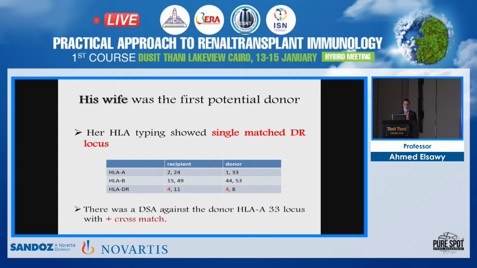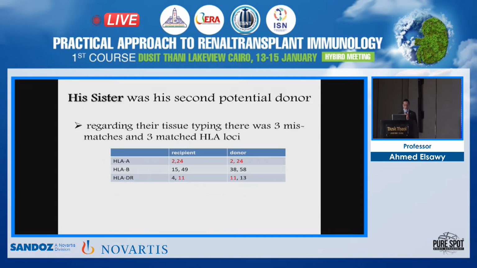Unfortunately, there is a positive cross match, and the DSA was positive against HLA 33. So the second potential donor was his sister. Regarding their tissue typing, there were 3 mismatches, 1 match in DR and 2 matches in HLA-A.